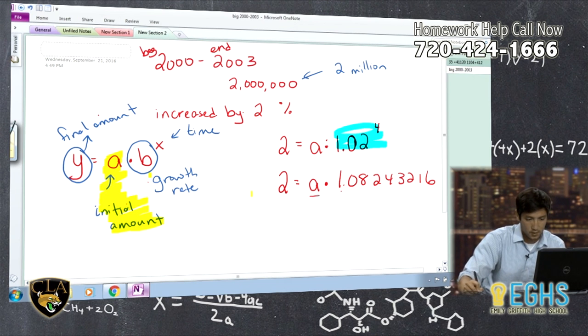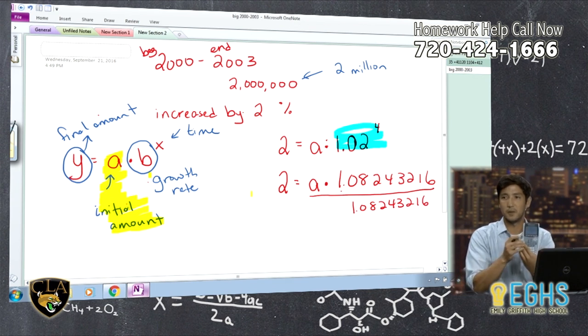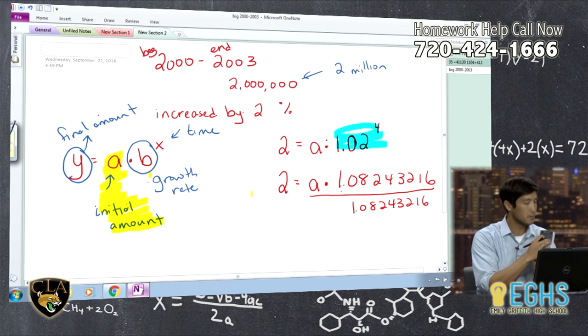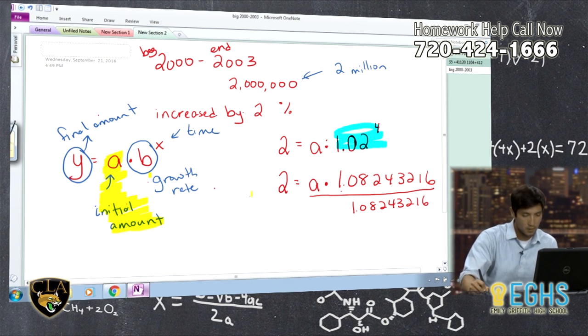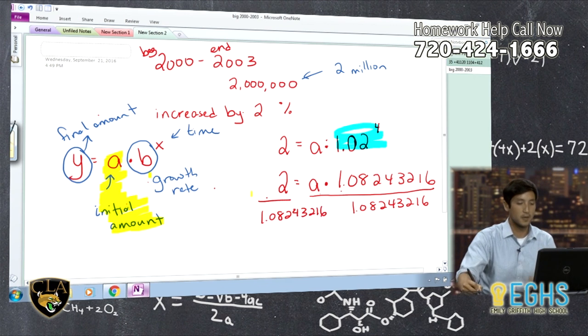I want to point out that I don't want to keep rewriting this entire thing. In a calculator, you probably can't see this, but it's a long number, and you don't want to leave stuff out if you want to be more precise. So we just use the answer. I am going to divide by this on both sides. I probably should have just rounded it.